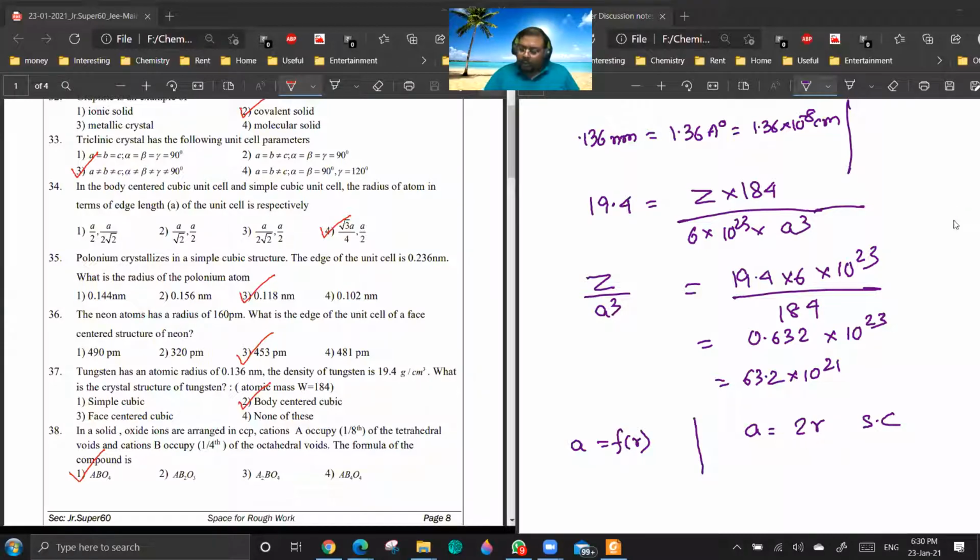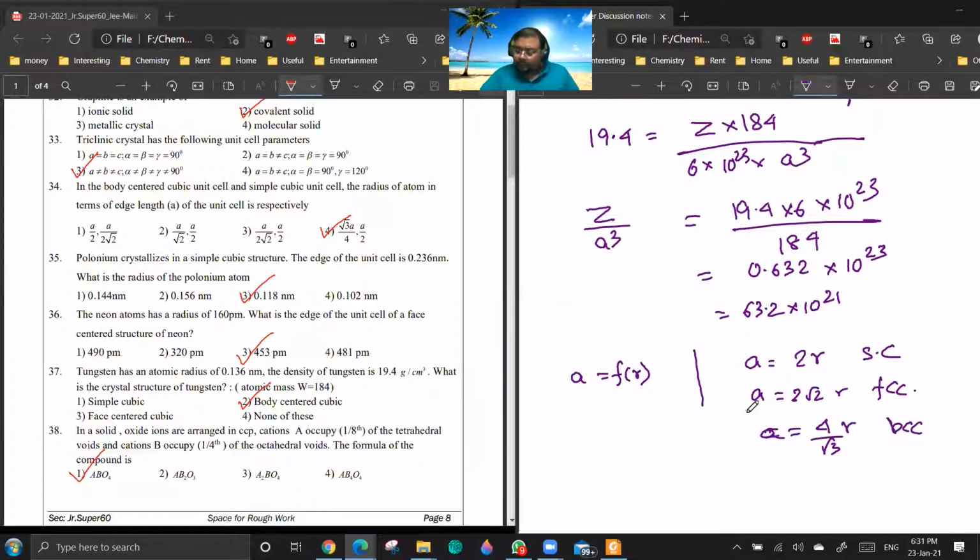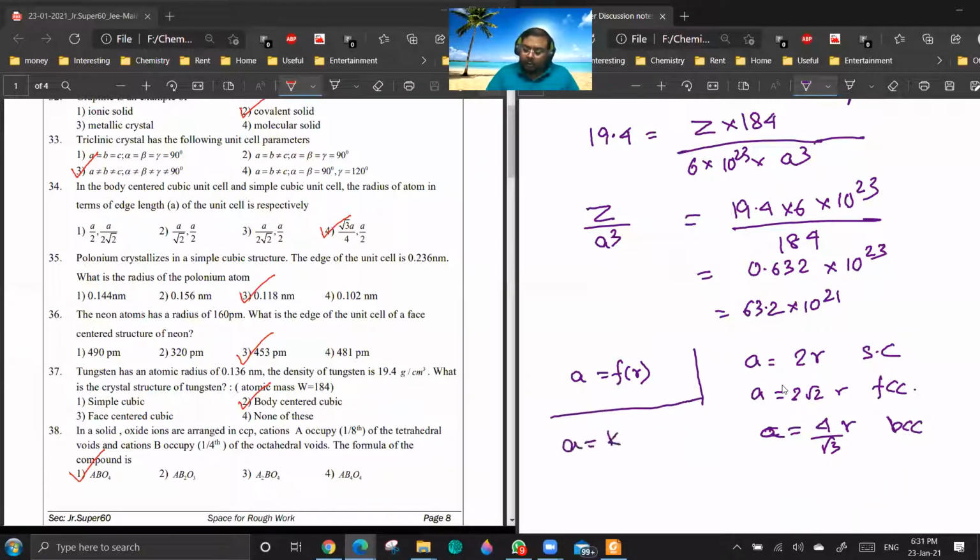And a is equal to 2 root 2 r for FCC, and a is equal to 4 by root 3 r for BCC. Is it like this? So I can write a general expression that a is equal to K r, where K is something which is changing. Yes or no?